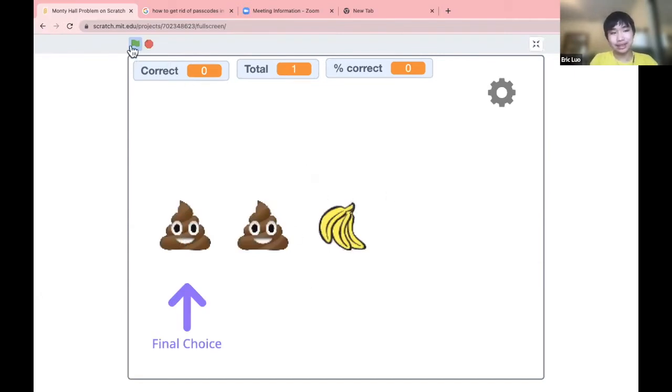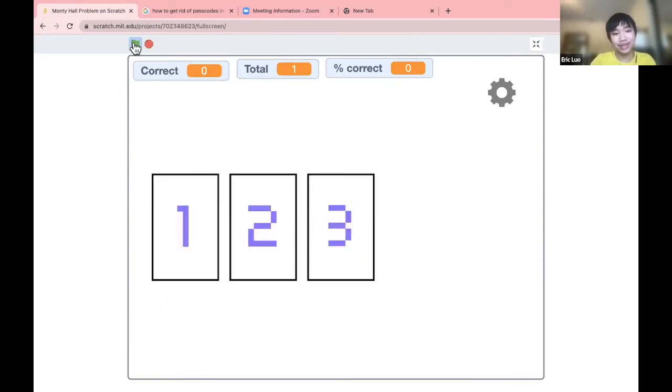In this case, door 3 had a banana behind it, and doors 2 and 1 had poop behind them. So does anyone know what the chances of getting a banana are if you just pick a random door?